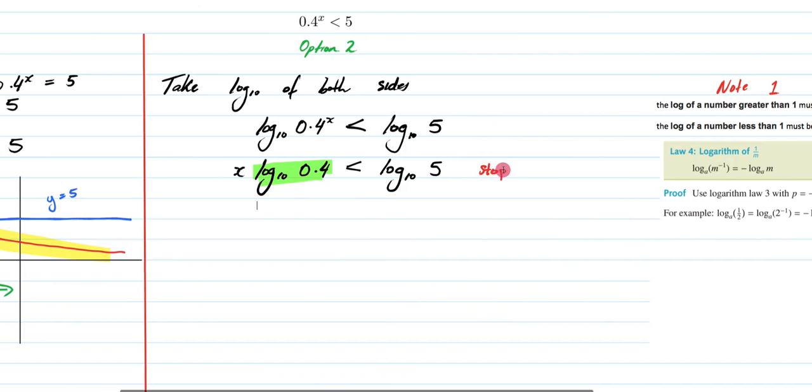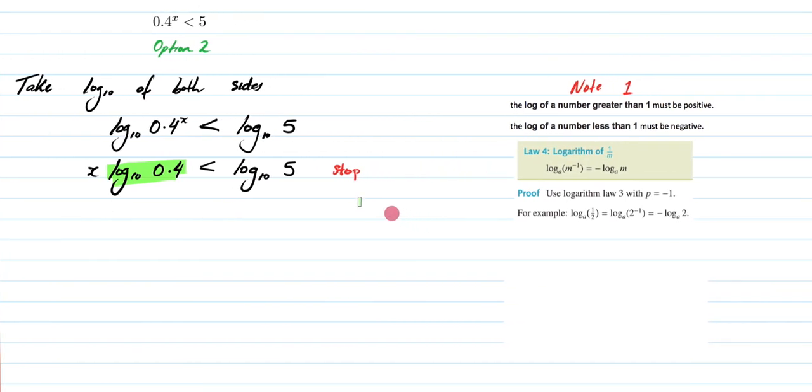So let's go over here and remind ourselves of something. The log of a number greater than 1 must be positive. We know that. The log of a number less than 1 must be negative. Look, 0.4 is less than 1, which means this is negative. This is related to log law 4, which is this. If we look at this example, if I have a log of a half, well, that can become 2 to the negative 1. The negative 1 comes to the front. We're dealing with negatives.